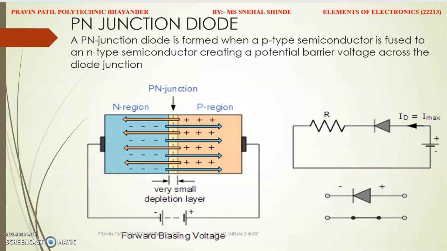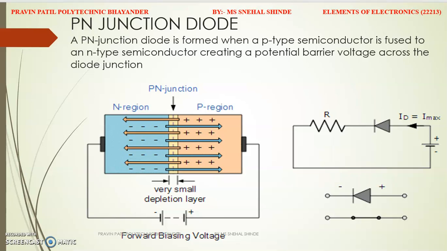We have studied that a P-type semiconductor is fused to an N-type semiconductor, creating a potential barrier voltage across the diode junction. So this is the PN junction diode in a forward bias region. It has a very small depletion layer, and here is the circuit diagram.